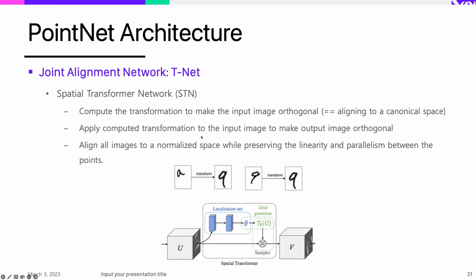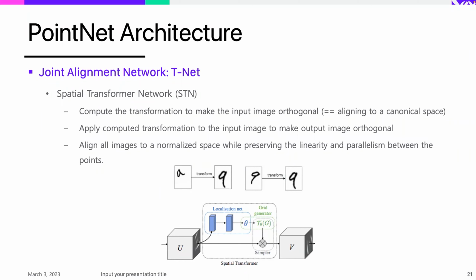The overall network structure of the T-Net is from the spatial transformer network. STN, the abbreviation of spatial transformer network, is a model for 2D images which computes the transformation that makes the input image orthogonal. Making the input image orthogonal is equal to aligning to a canonical space.